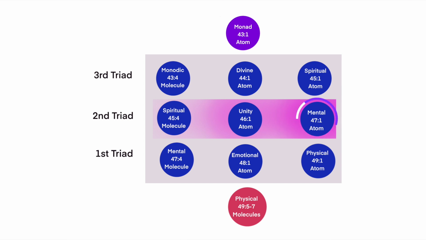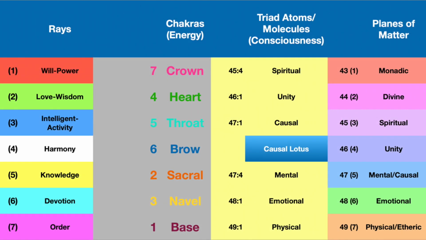It is always to the right in the triadic structure, with consciousness in the center and will energy to the left. You see this clearly as you progress to the 2nd ray of love wisdom. Here you are in the 46-1 permanent atom, located in the middle of the triad. Finally, you get to the 1st ray, and now you are centered in your 45-4 permanent molecule at the highest level of your 2nd triad.